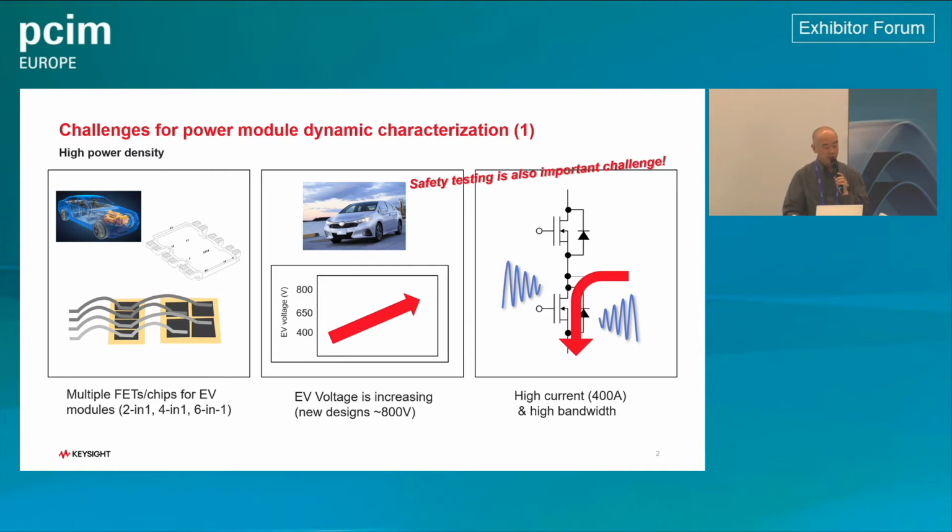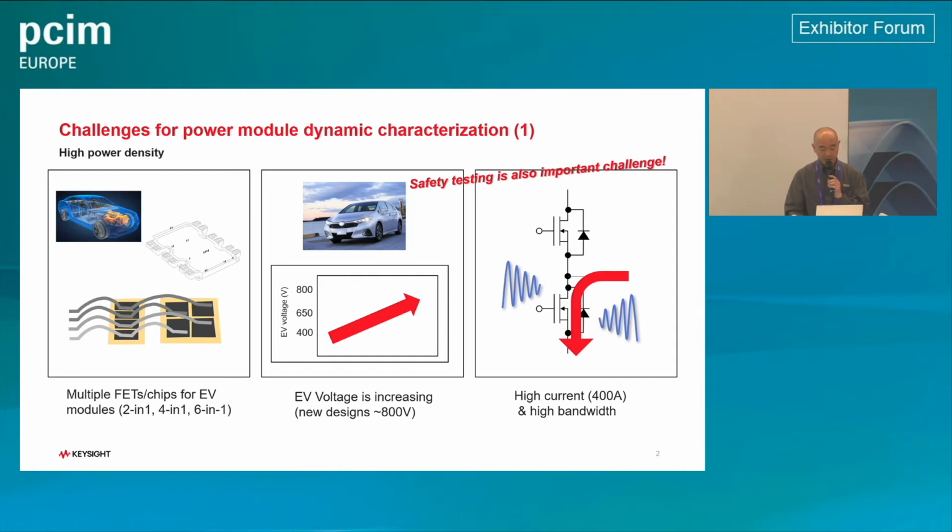First of all, it has high power density, like shown in this slide. I mean, on the left-hand side, usually you have multiple chips in the power module that can increase your current.